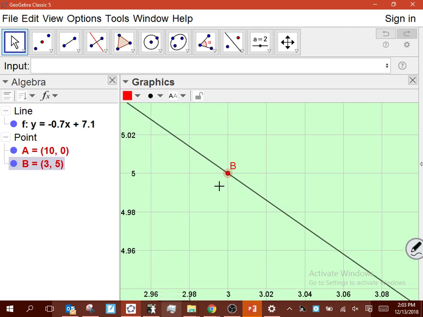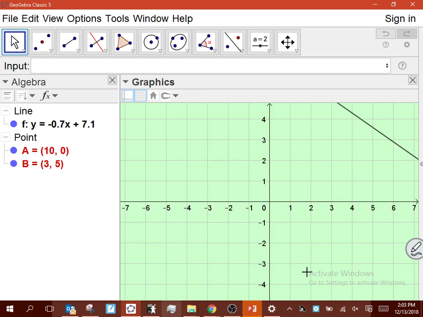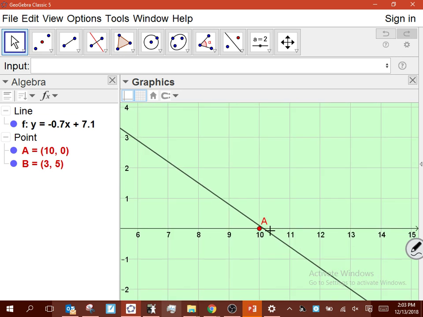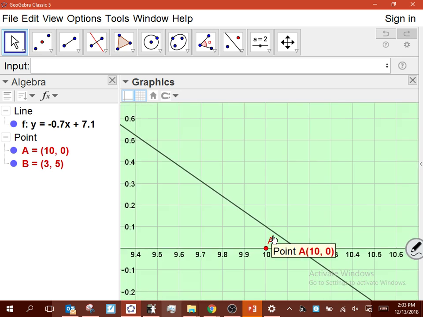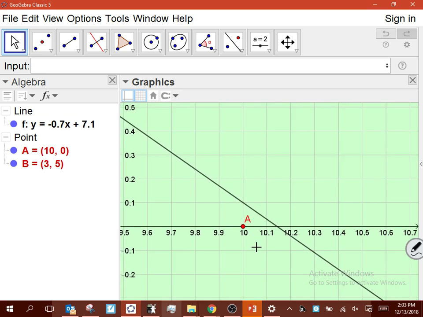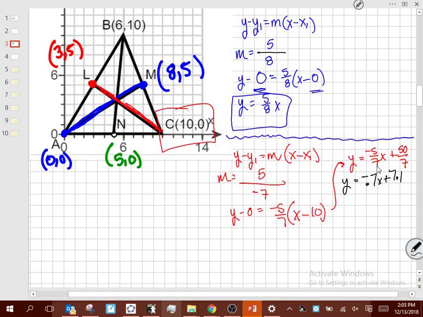If I zoom out, go back to the other point, (10, 0), is (10, 0) on that line? No. So when I round that fraction, I actually create a line that does not have the points that I used to get that line. Does that make sense? So that's why we want to keep these things as fractions. I don't ever want to change them.